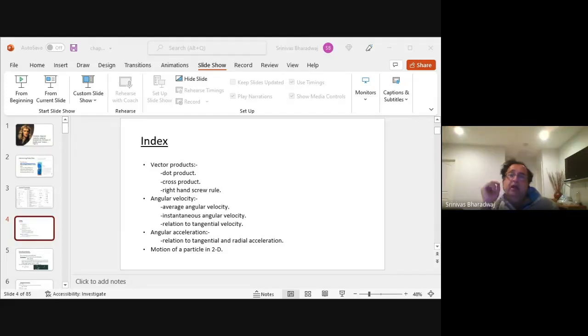A cross B gives the area of the parallelogram. A cross B dot C gives the volume of a three-dimensional parallelepiped.